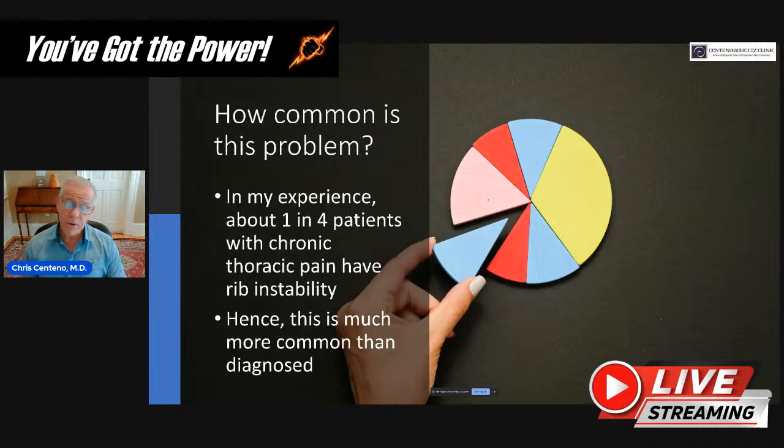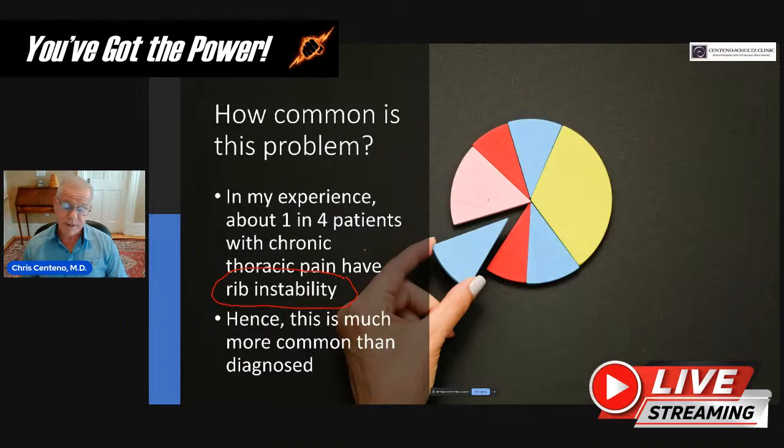So how common is this problem? Well, if you look on Google, apparently they claim it's super rare, but we see it all the time in patients with chronic thoracic pain, kind of in this area, obviously in the back as well. And about 1 in 4 of those patients have some chronic rib instability. Again, our term is rib instability, the term that Google uses is slipping rib syndrome. So it's much more common than it's diagnosed.